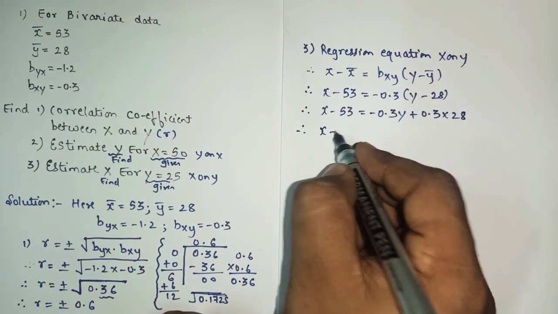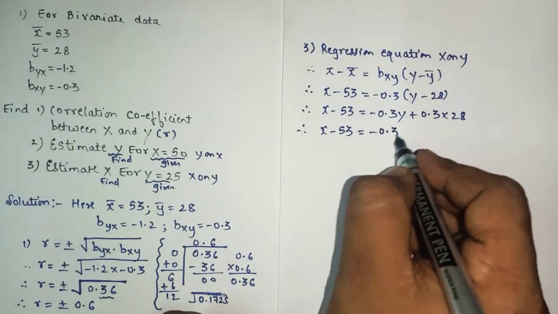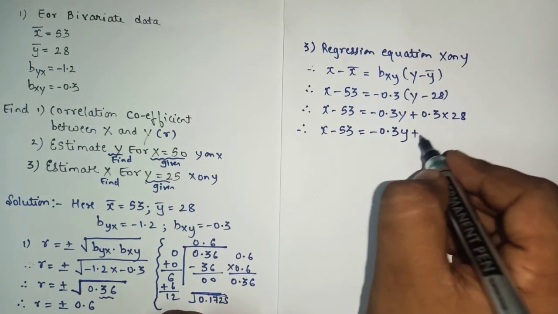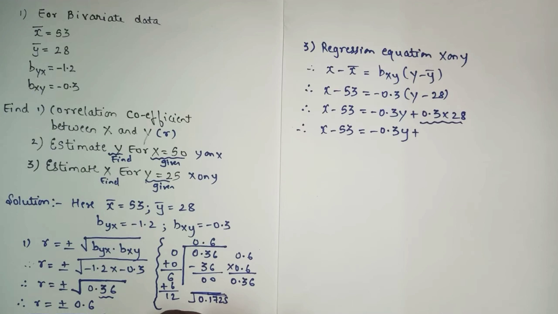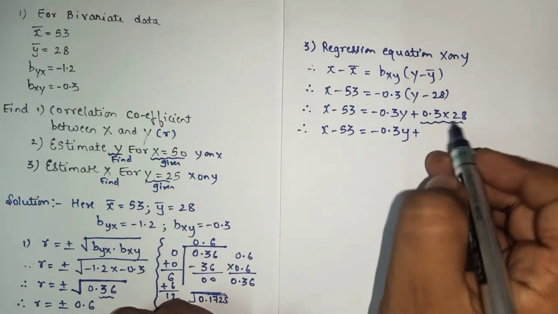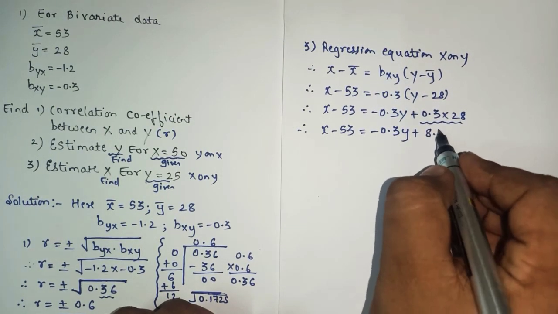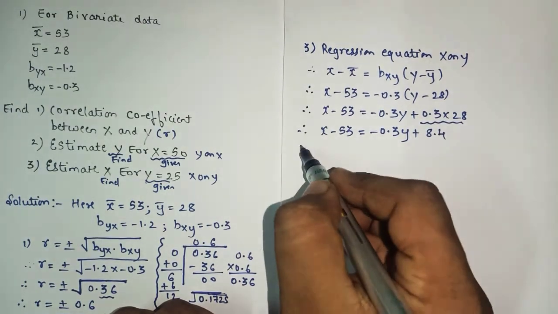So therefore x minus 53 equals minus 0.3y, y will be the same. So when you multiply these two numbers, okay, so you will get 3 8s are 24, 6 84, so that means 8.4. So the next step will be what?